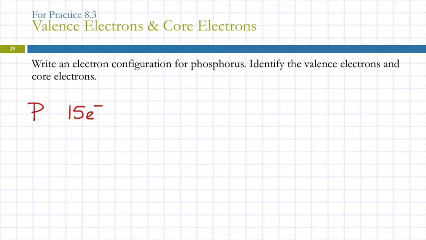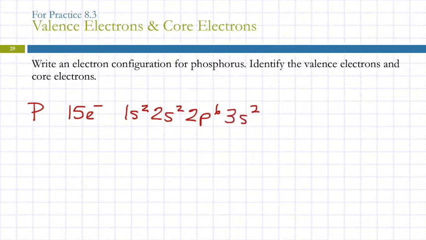It's in the 3rd period, the 3rd row, in the P block, right? So it ends with 3p. 1s2, 2s2, 2p6, 3s2, and it's 1, 2, 3 over in that P block, so it's 3p3.